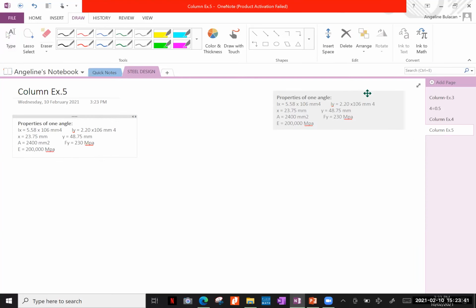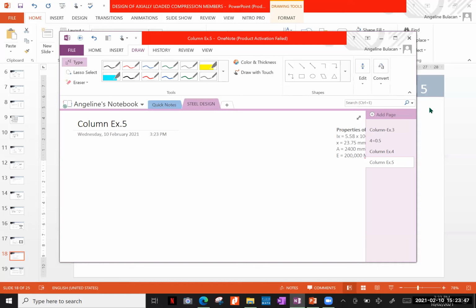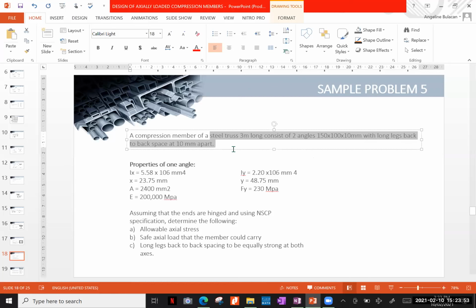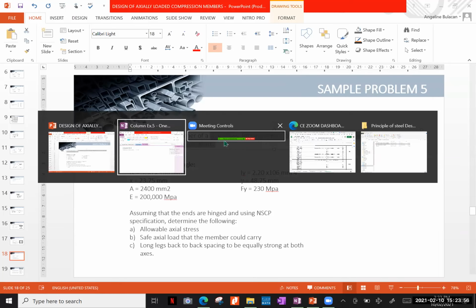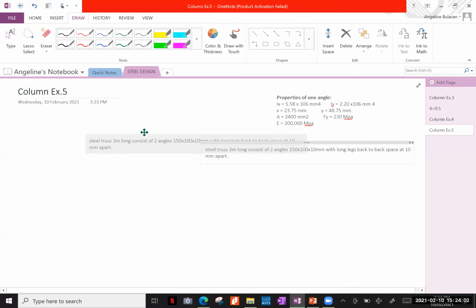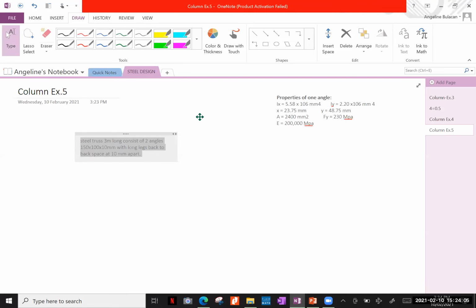Properties. Need natin to para ma-drawing natin. Steel truss, 3 meters long. So, double angle yung member ng truss, tapos back-to-back daw sila. So, kung i-visualize natin siya, mga ganito yan.